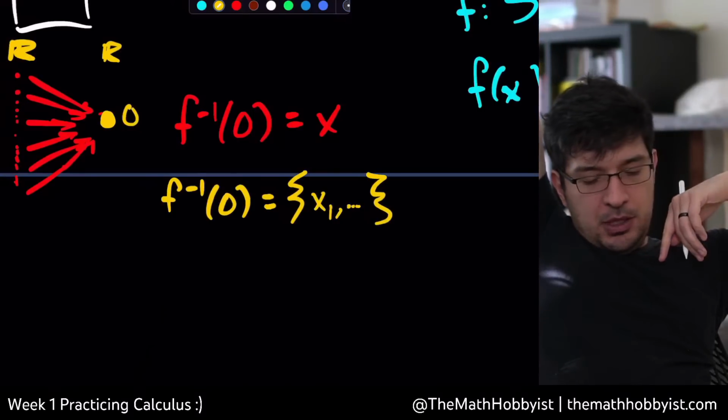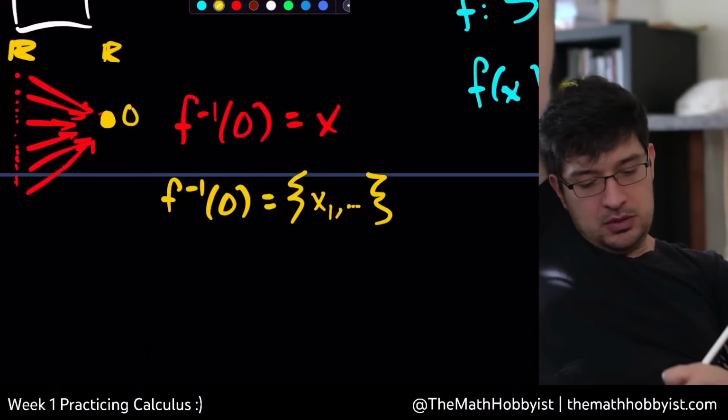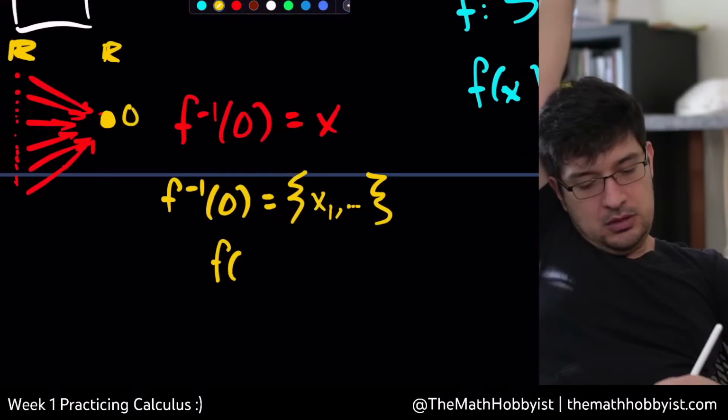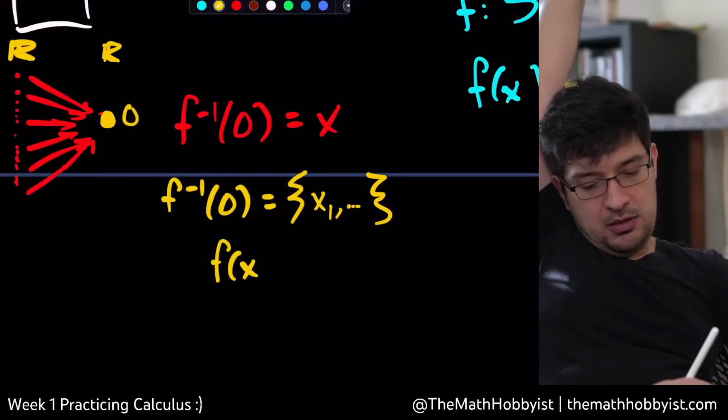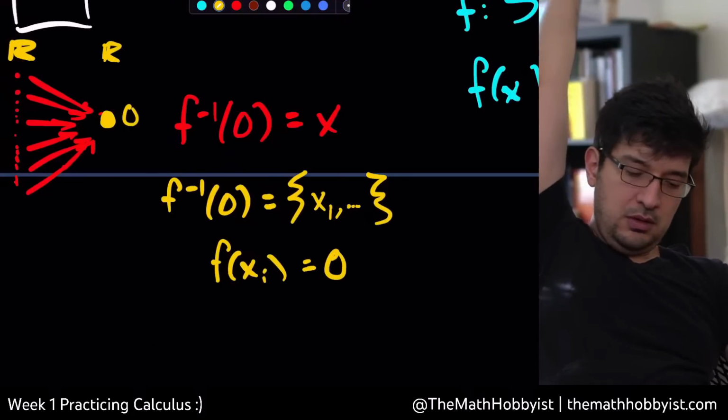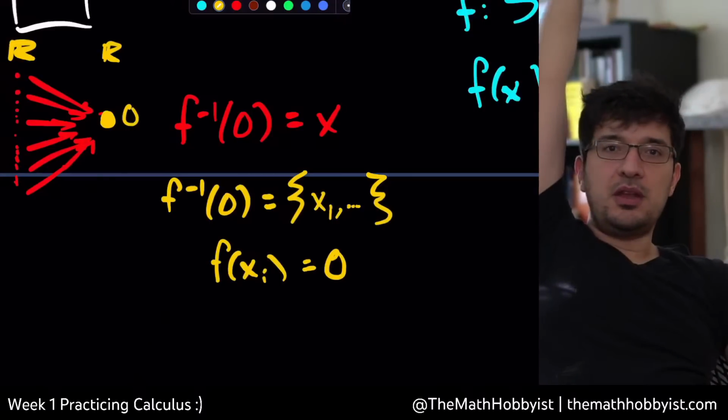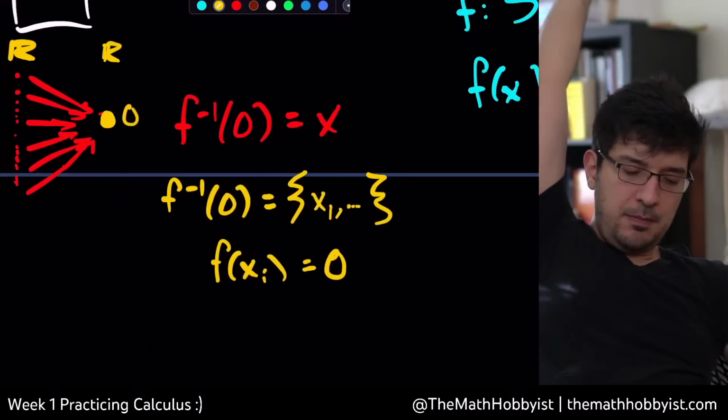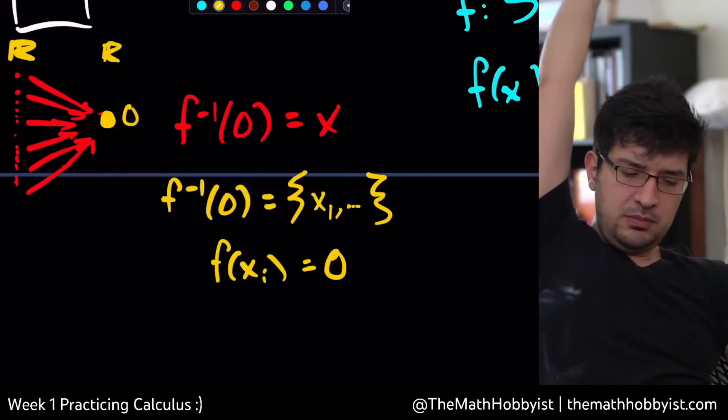What are all the numbers x such that for any of these numbers, the function f returns the number 0 to you? What are all of those possible numbers?